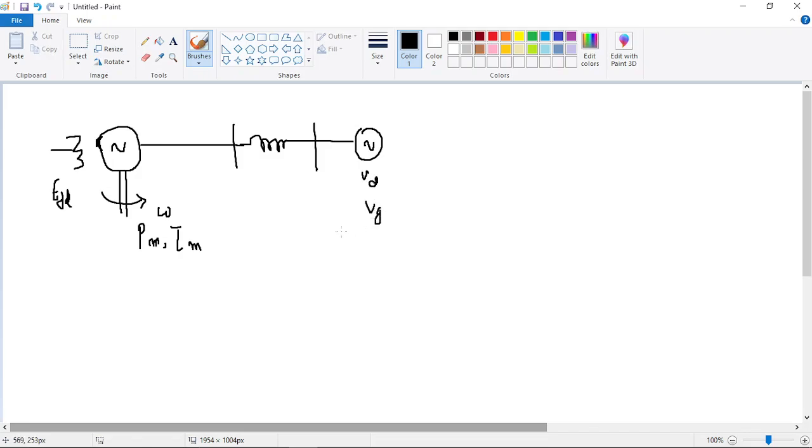Now the simple problem is, it is not easy to control the whole system when some disturbance occurs, like the transmission line may be tripped, or some kind of fault may occur there. Or the prime mover could fail, or there could be a problem in the governor system, or some fault in the field system.